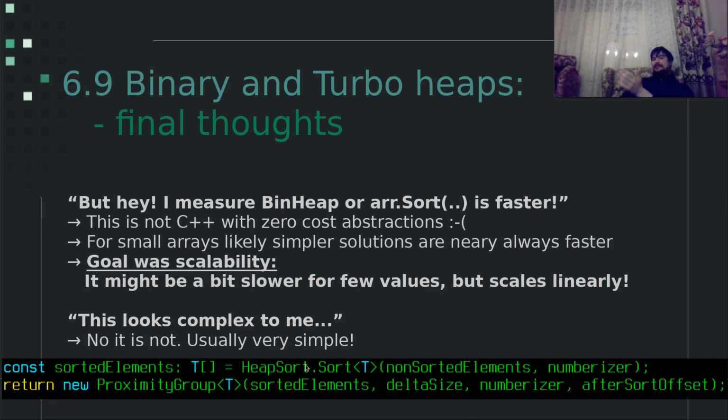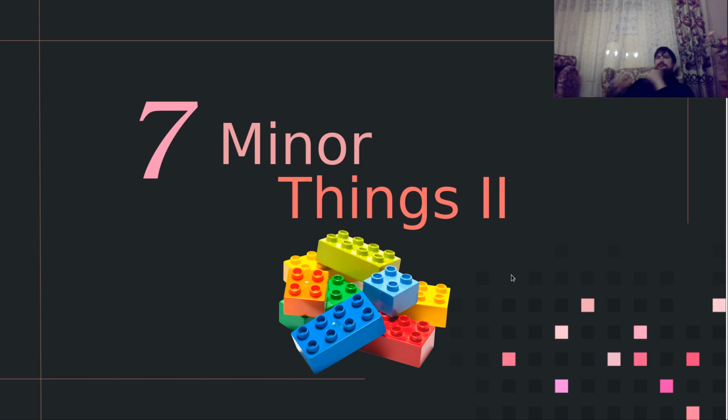And you say heap sort.sort, the type you are sorting, the non-sorted elements, and how you numberize it. And you can put a lambda here, but I have a function. So that's all. And you get sorted elements in very fast time, scalable, everything. I hope you use it. So I hope you find this usable. This was again a little bit more of a deep dive.